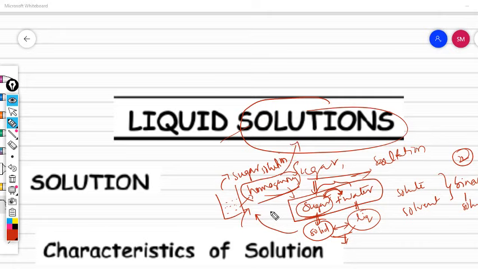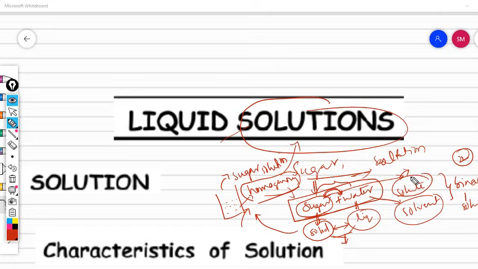Okay, so here you got the two terms, solute and solvent. What does solute mean? If I take this realistic example, here sugar is said to be the solute and water is said to be the solvent. The solute is the one which is in a lower quantity, or which is going to dissolve in the large quantity of the other component.